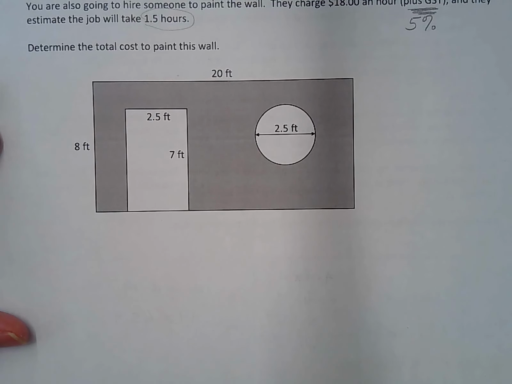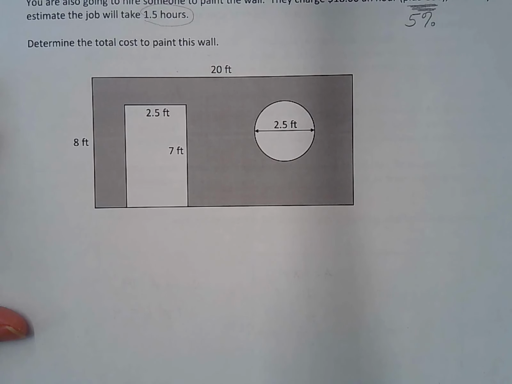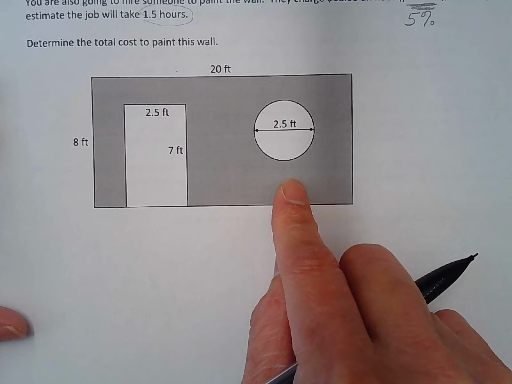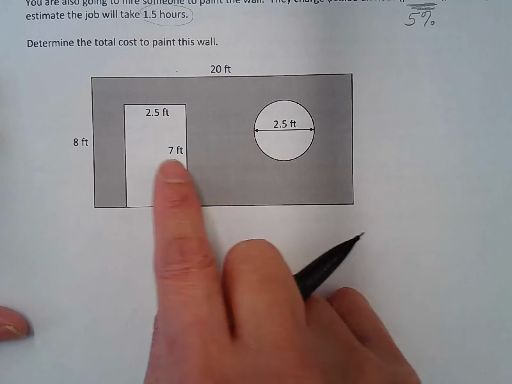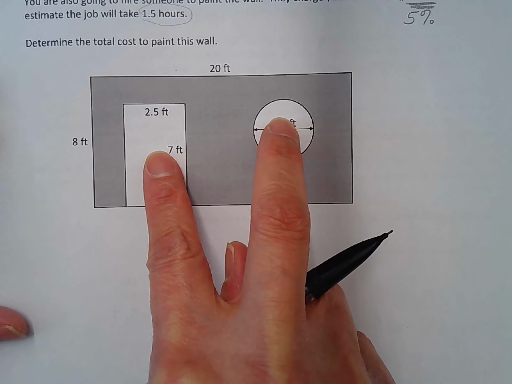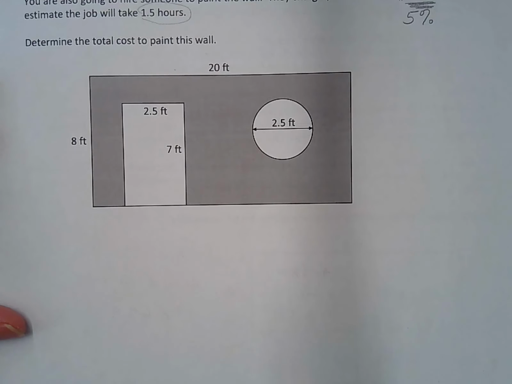I think the whole area minus the door and the window. Bin is saying, figure out the whole area, and then subtract the door and the window. Does that make sense to everybody? Yeah, we're going to take those away. So let's just do that.